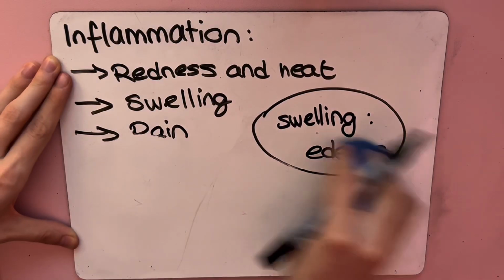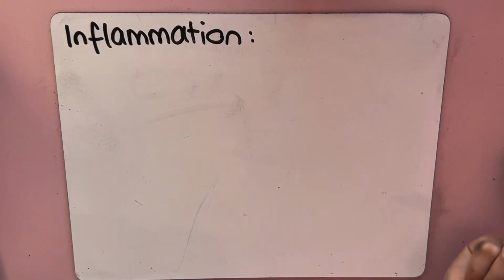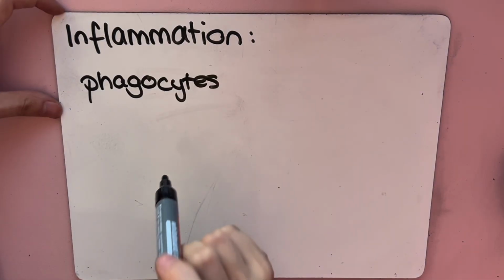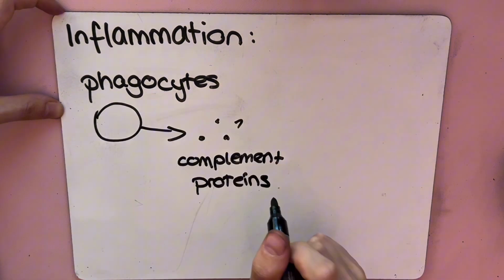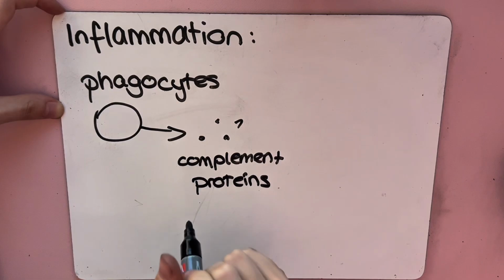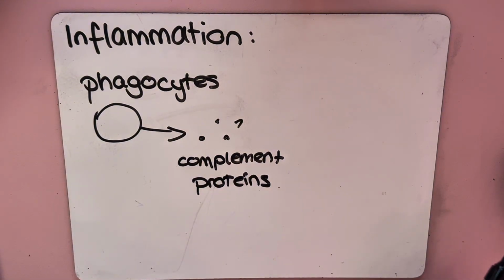So let's see what happens inside of our body. Inside the inflamed tissue, neutrophils and other phagocytes begin gobbling up bacteria and debris. Complement proteins are activated and assist in destroying pathogens. The increased blood flow brings more oxygen and nutrients to support the immune cells.